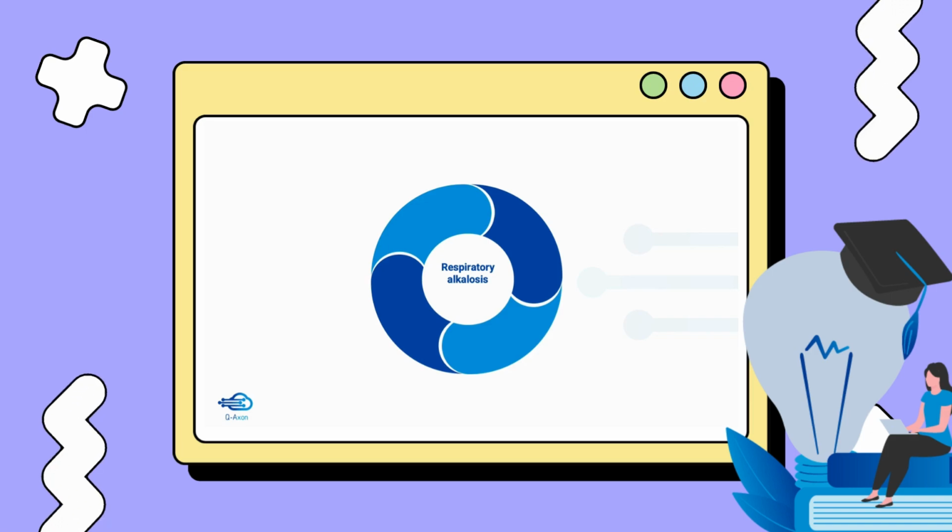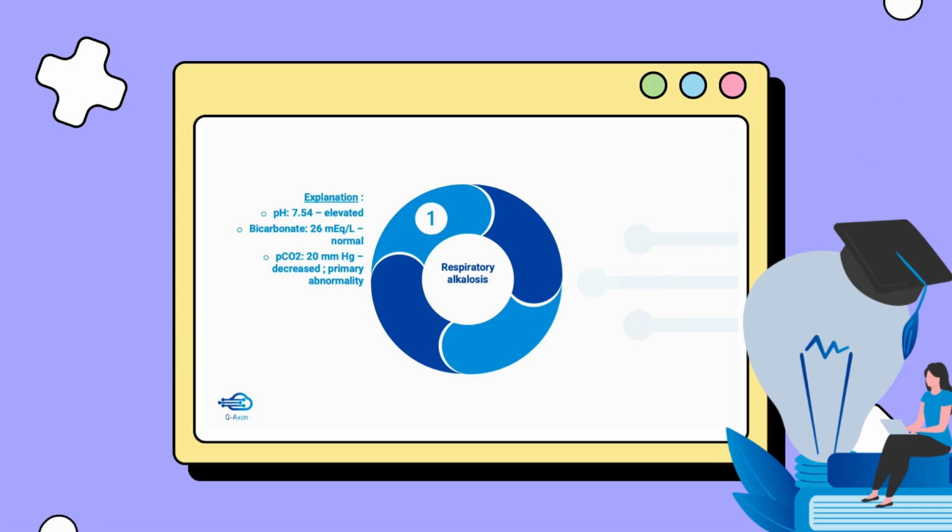So what are the causes of respiratory alkalosis? Here in this case, in the lab data, we can see there's an increase in pH and then PCO2 decreased, the primary abnormality seen in a case of respiratory alkalosis.